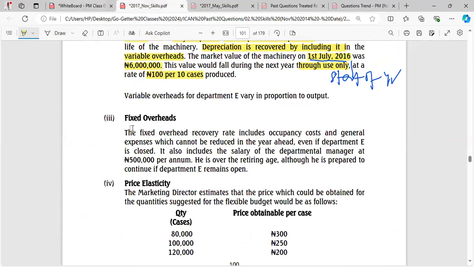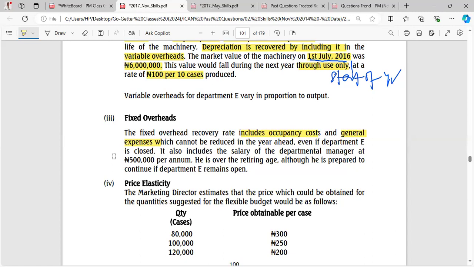The fixed cost overhead recovery rates include occupancy costs. So they said occupancy costs and general expenses, which cannot be reduced in the year ahead, even if Department E is closed.